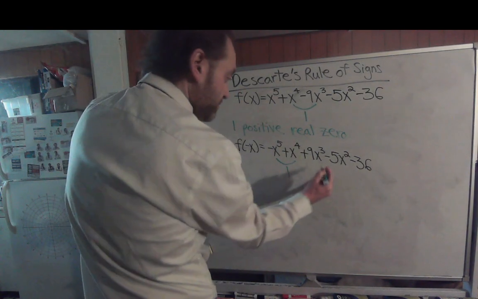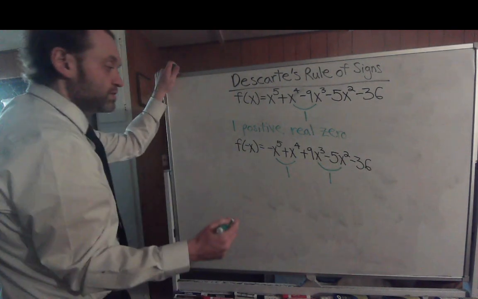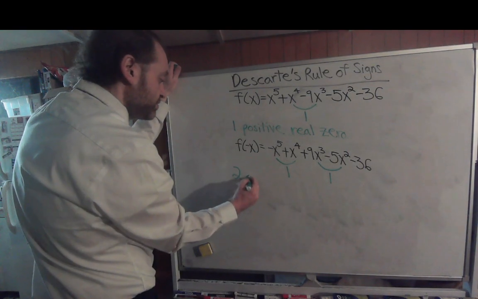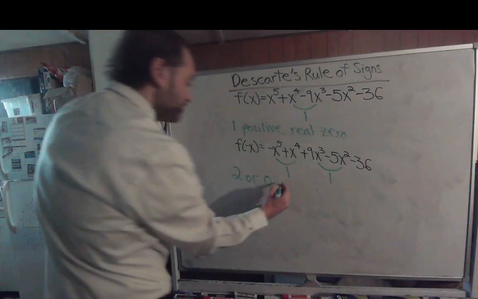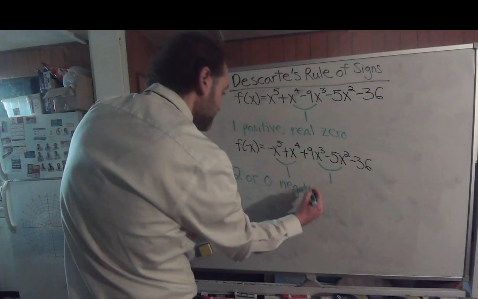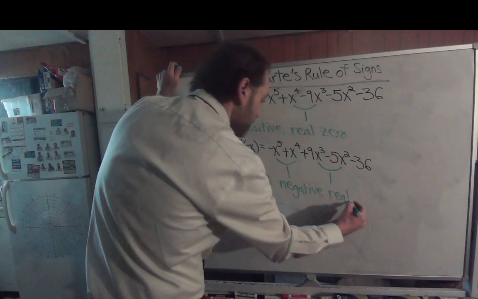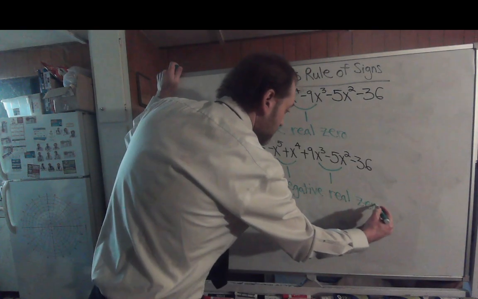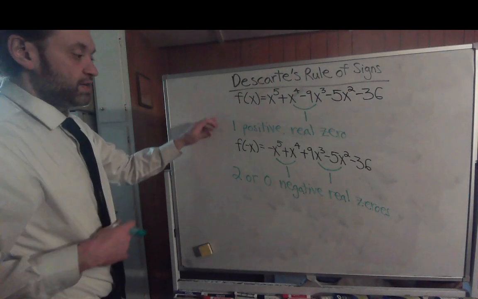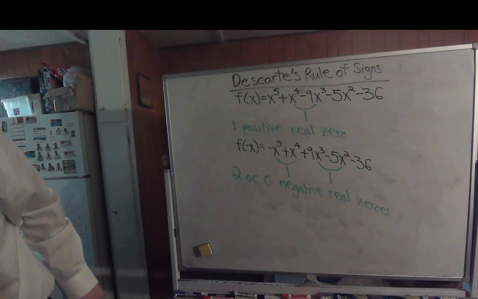Then you have another from 9x to the 3rd minus 5x squared, and you don't have any others. So we have two sign changes. That means there are either 2 or 0 negative real zeros. So you have one positive real zero and then either 2 or 0 negative real zeros.